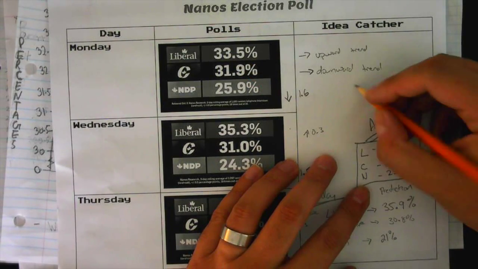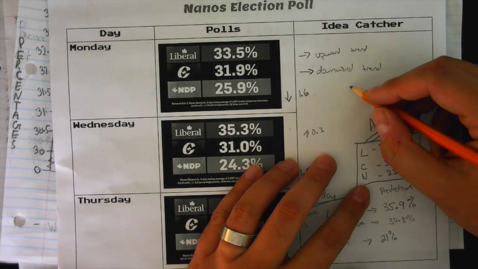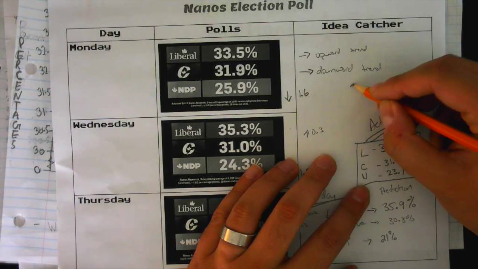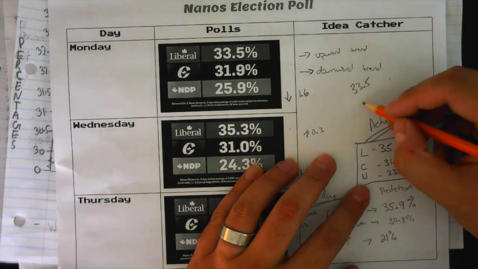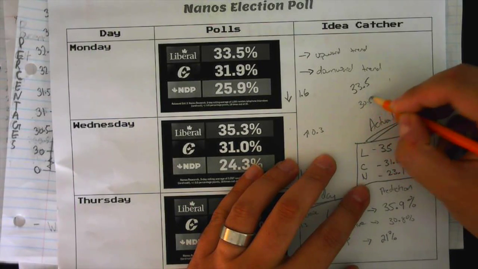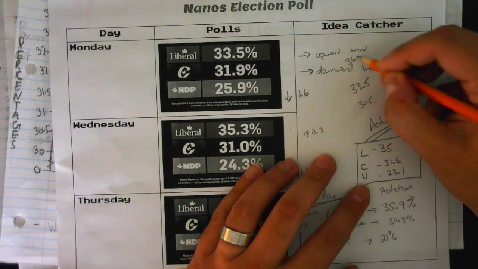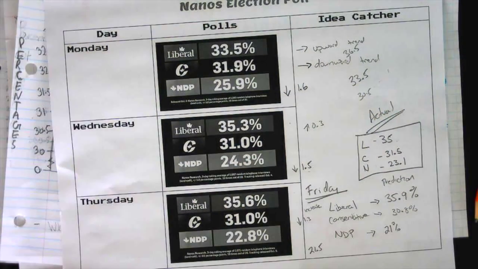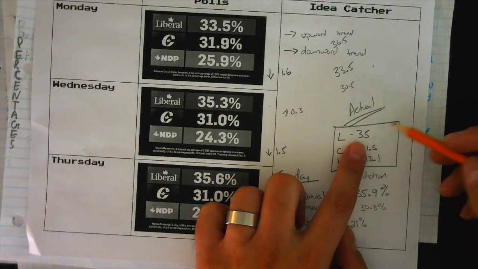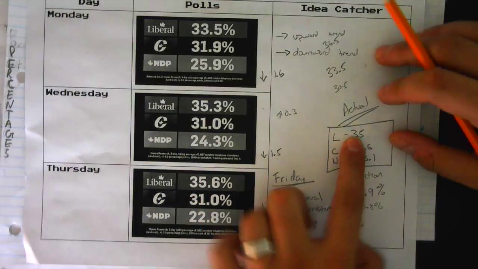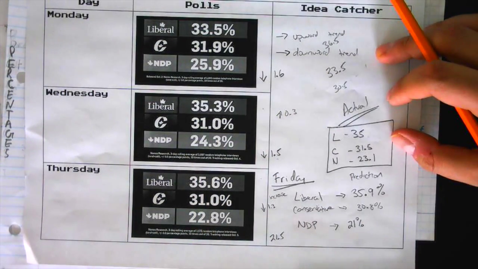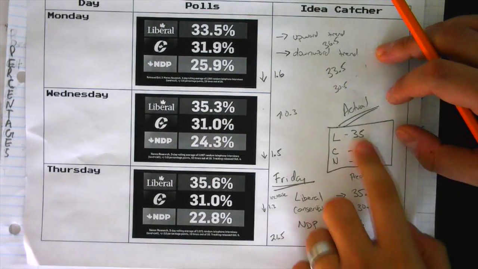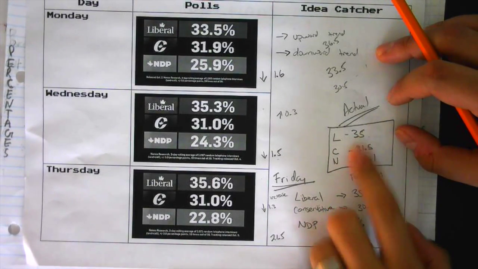So what that means, especially when it comes to this type of graph, is that if it's 33.5, the actual numbers might be 30.5 or 36.5 because it's plus or minus 3. So even this data here on the Friday, it's 35, could be 32, could be 38. It's probably somewhere in the middle. Most likely it's 35.